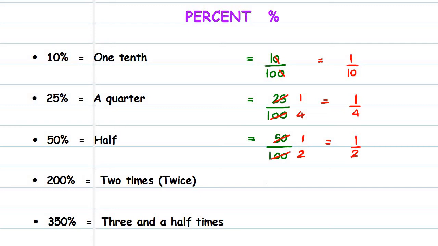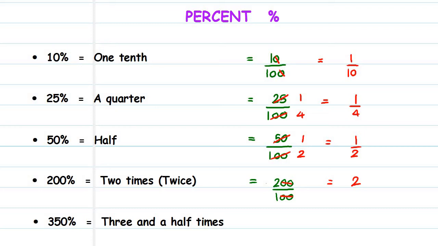200% is twice or 2 times. 200% is 200 divided by 100. So we can simplify by crossing out the zeros, and we'll be left with 2. So 200% means 2 times or twice.